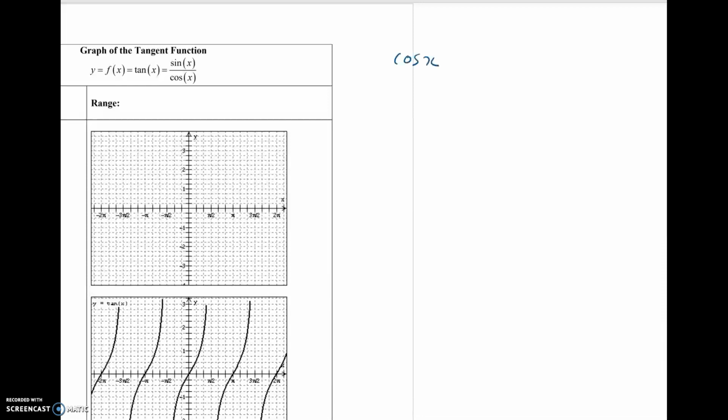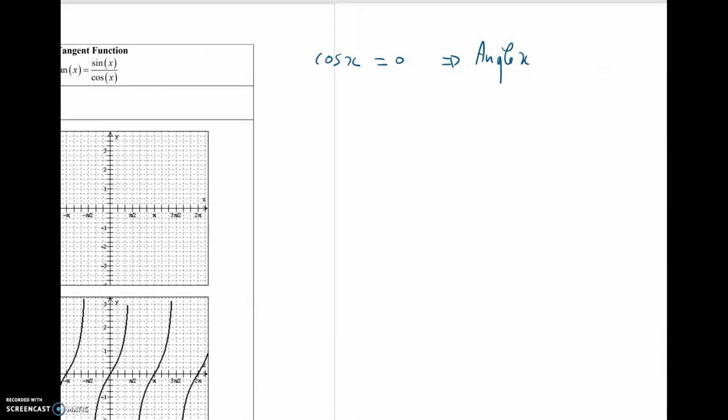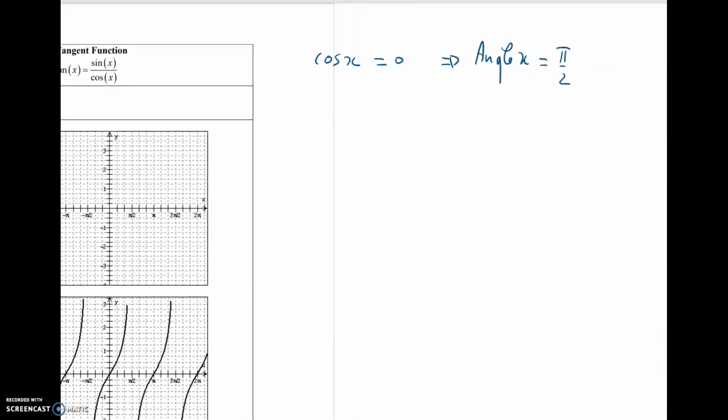and I see that my denominator is cosinus x, and I want to define that if cosinus x is equal to 0, that means that the angle x will be equal to pi over 2. So you have a vertical asymptote at x equals pi over 2.